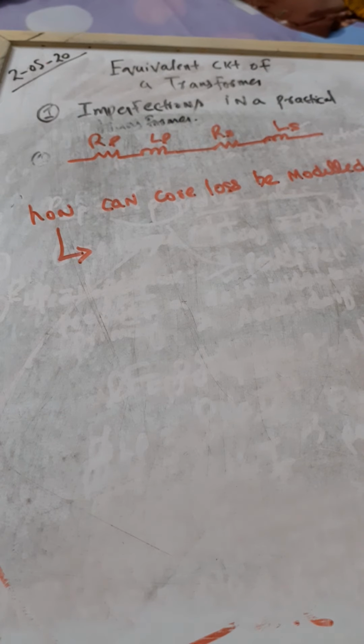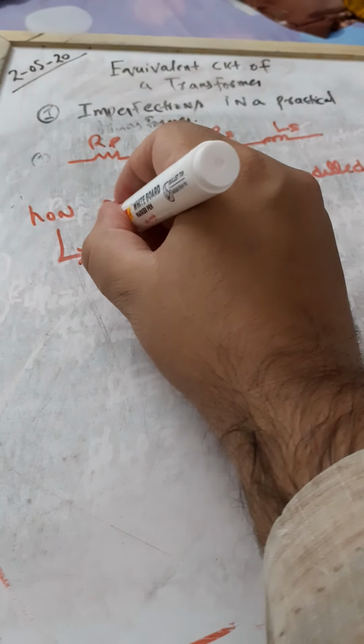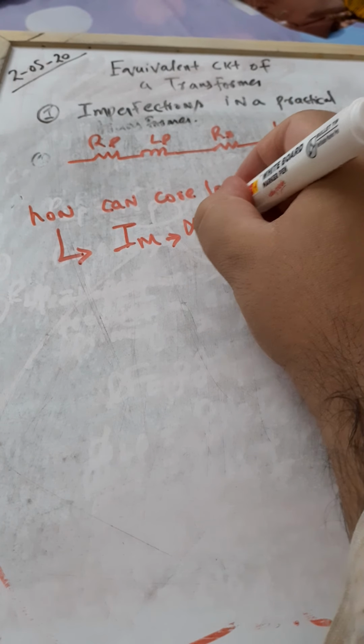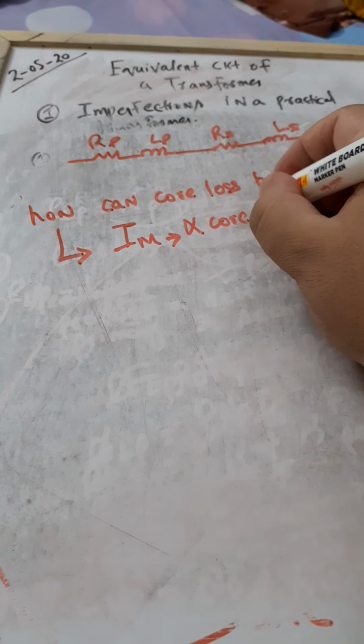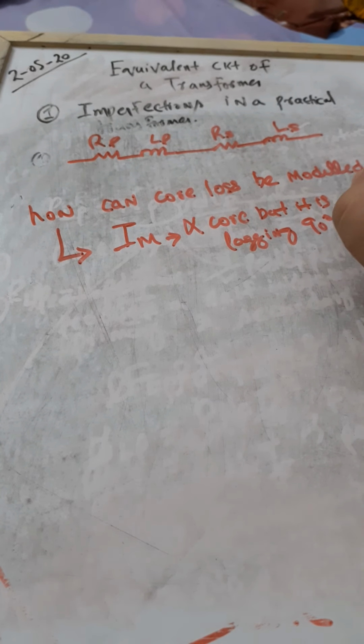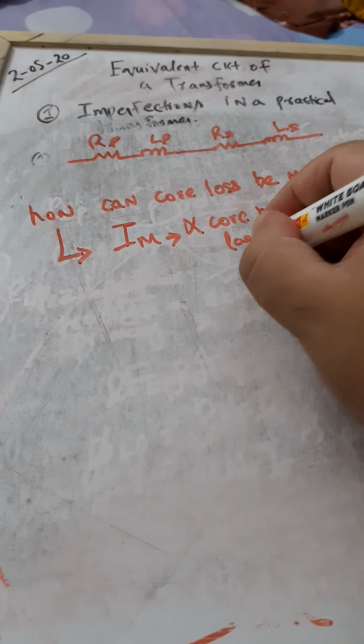So how this excitation of the magnetizing current can be modeled is that the magnetizing current is proportional to the voltage applied to the core, but it is lagging 90 degrees to the applied voltage.